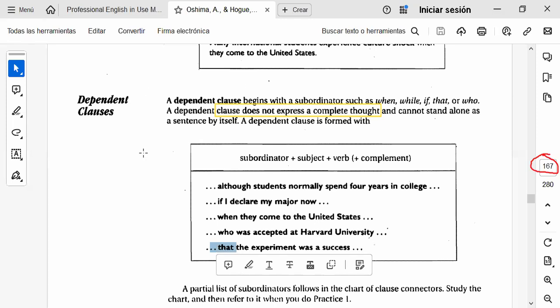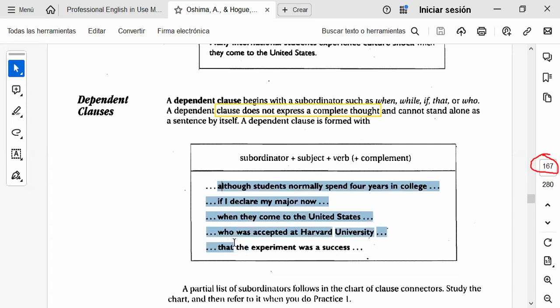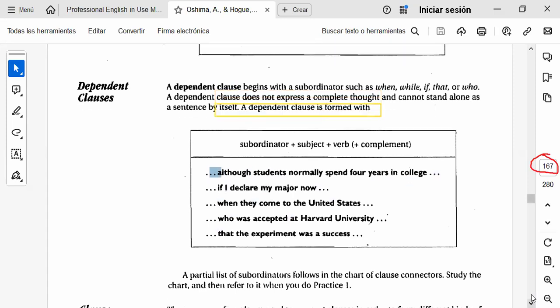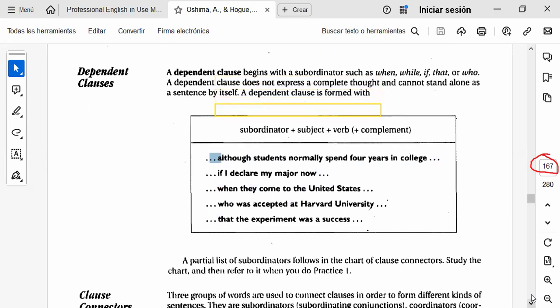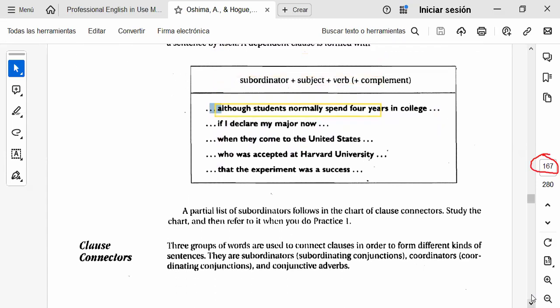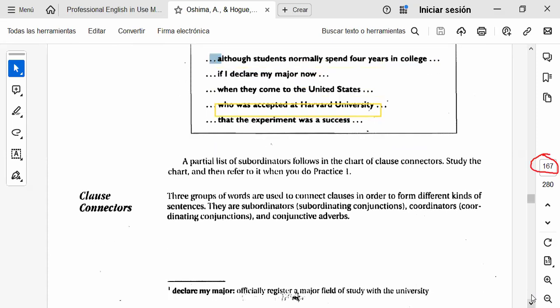So you have to remember that the dependent clause will always start with this kind of subordinator. You can also review the sentences that you were doing, so you can improve your homework.